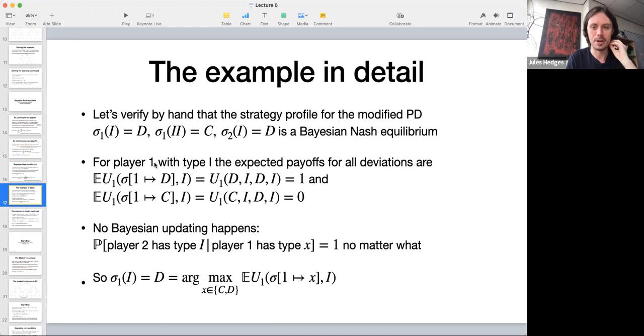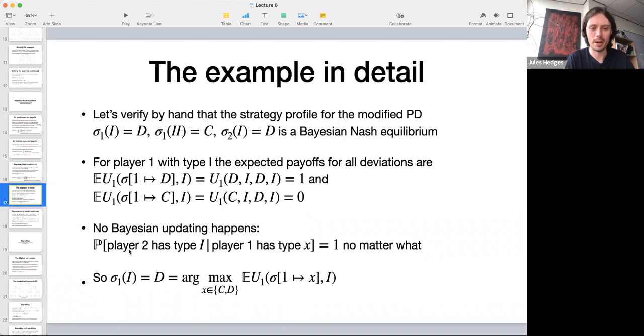We'll say if player 1 has type 1, then the expected payoffs for all possible deviations are, if player 1 chose to defect in type 1, they'd get a payoff of 1. If they cooperated in type 1, they'd get a payoff of 0. And so no Bayesian updating is happening.